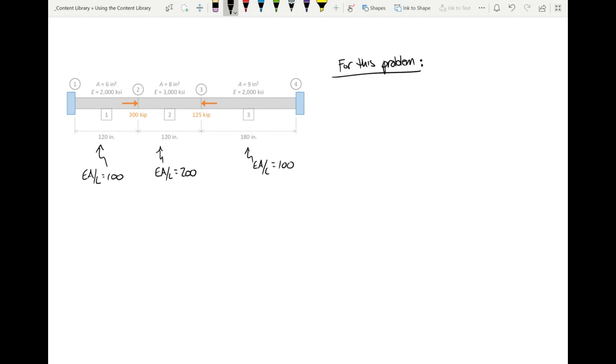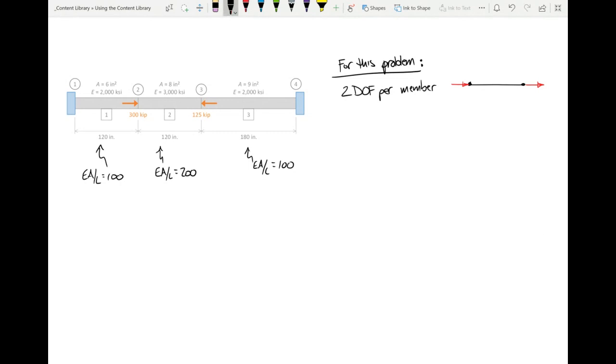Now, as Mr. Enoch said, he was right, 2 DOF per member. Okay. In other words, each member is going to have one displacement here and one displacement here. But how many displacements for the entire structure?